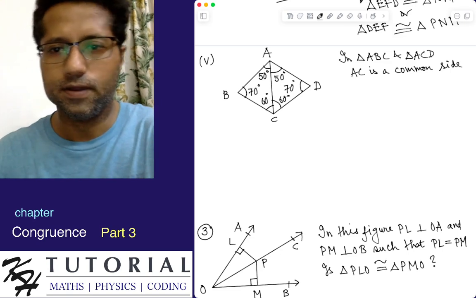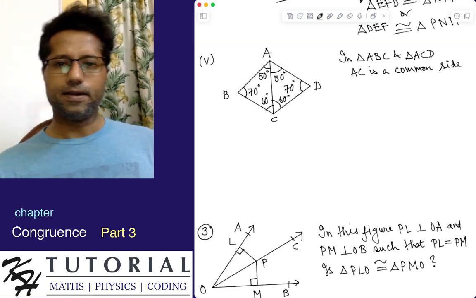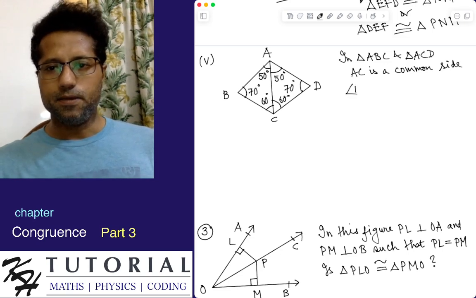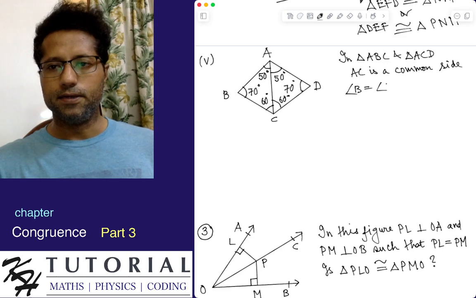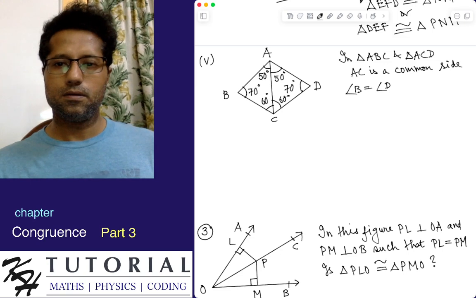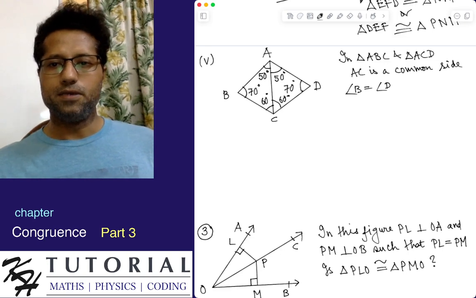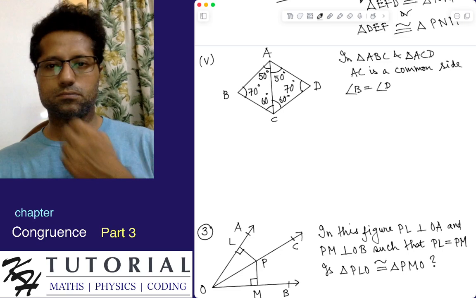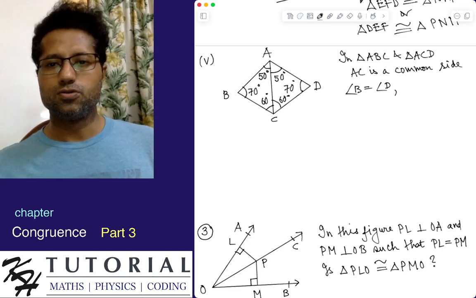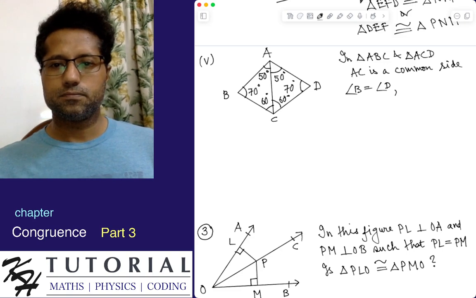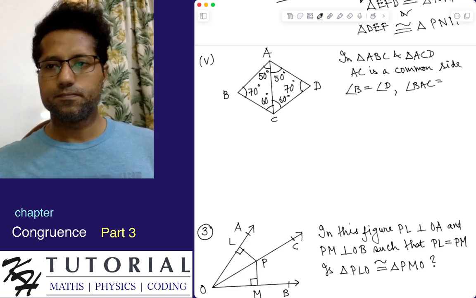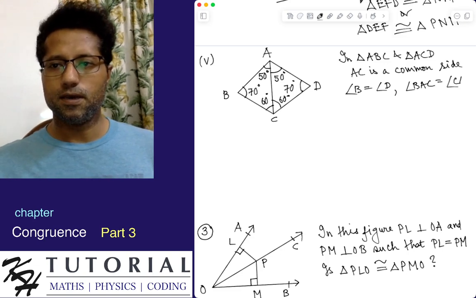Now some angles are given. We can also see that angle B is equal to angle D. And also it is given that angle BAC is equal to angle CAD.